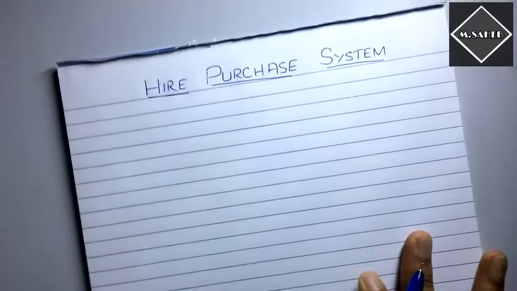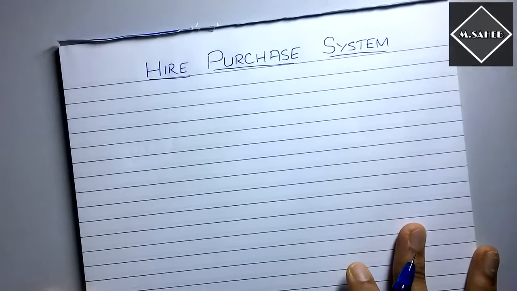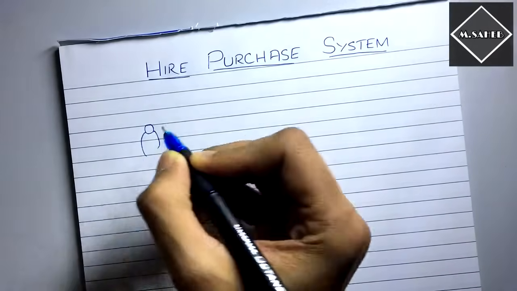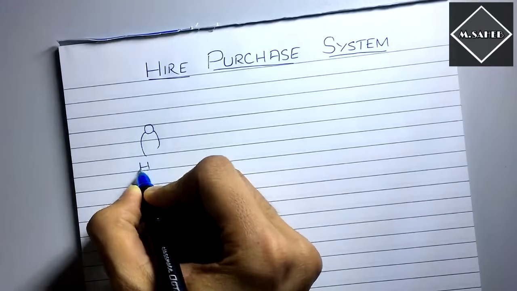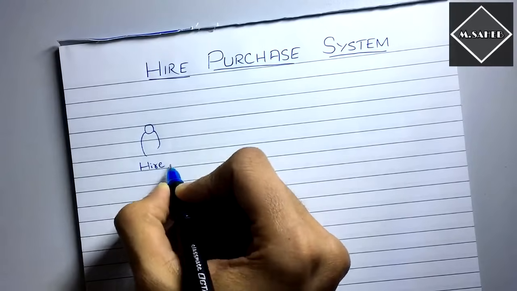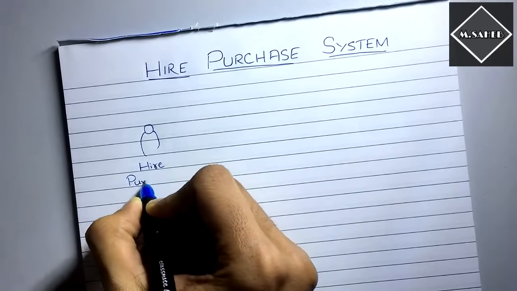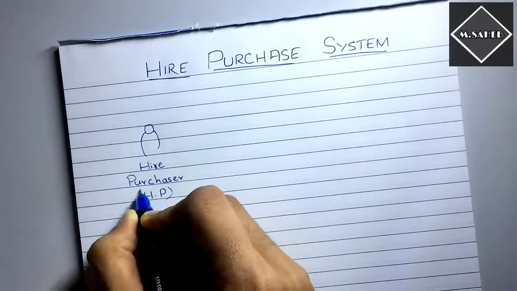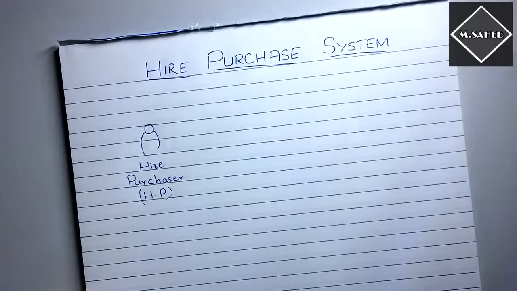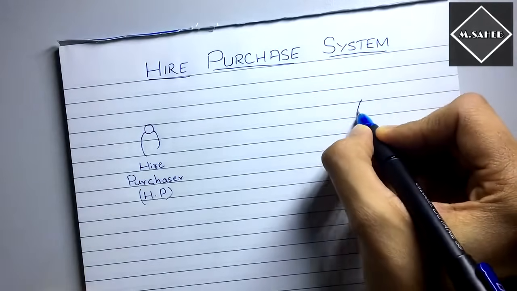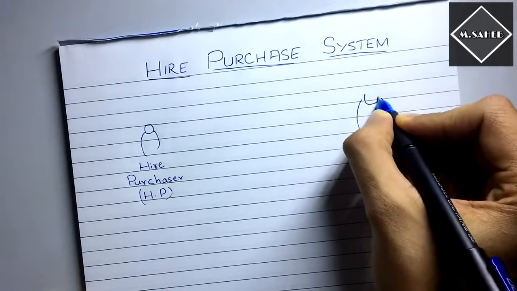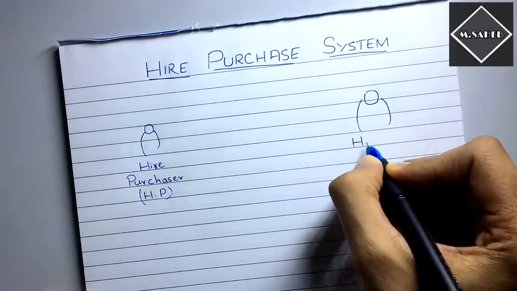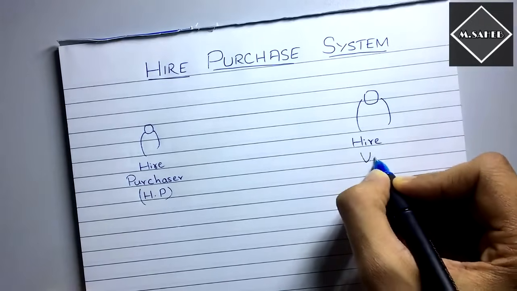See, in hire purchase system there are two parties. The first party is the hire purchaser. We can also call him HP. The second party is the hire vendor.